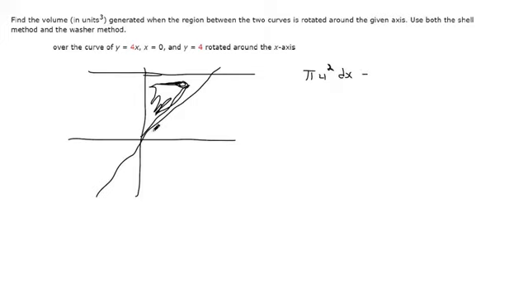Now, the smaller one's radius does change. So we've revolved this around the x-axis. This area constantly changes, right? So we need to define the radius with a function. And this is always dependent on y. It always equals the y value on this line, so we need to write it as 4x, because the radius depends on where you are.